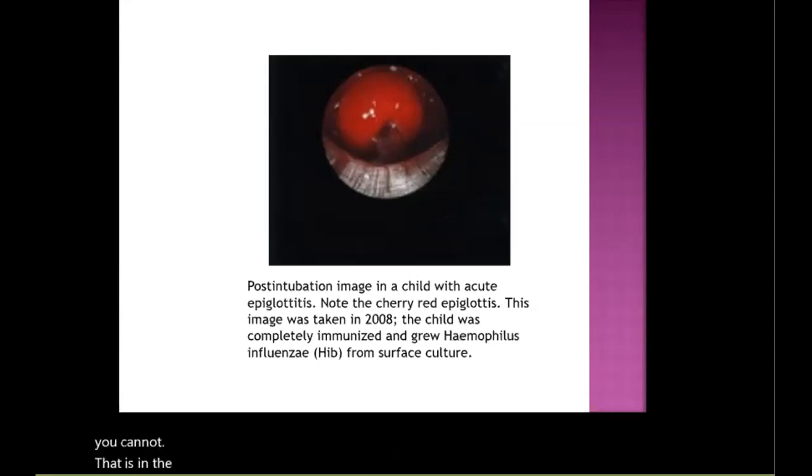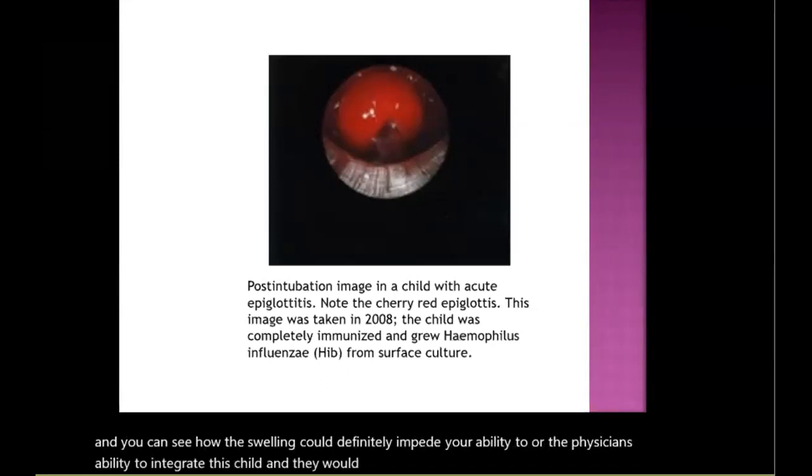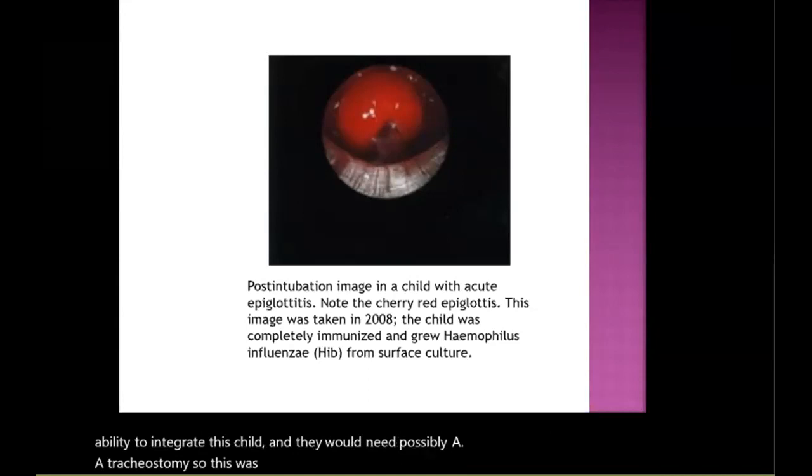This is where you would be trying to pass a breathing tube down, and you can see how the swelling could definitely impede the physician's ability to intubate this child, and they would possibly need a tracheostomy.